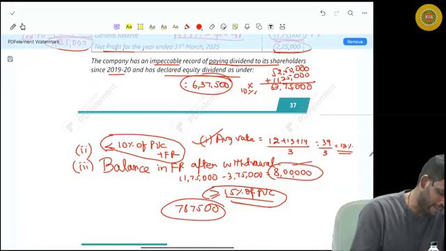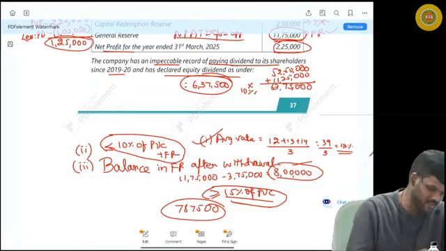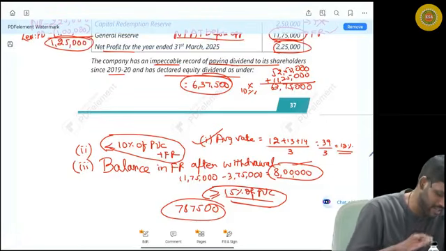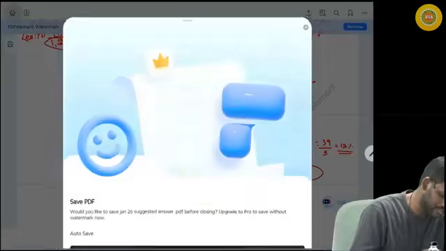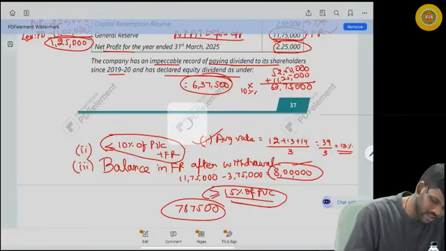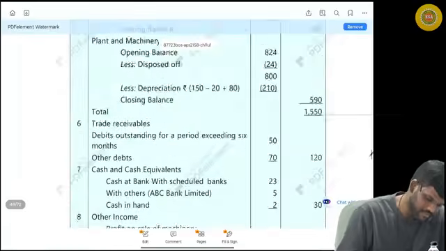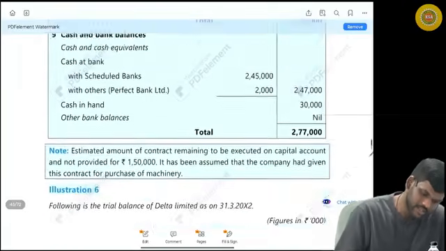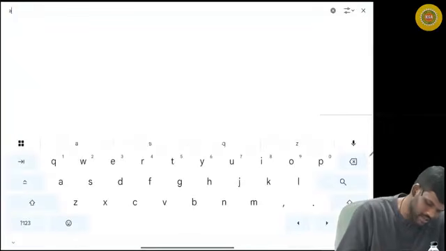Okay, before wrapping up this revision video, there is one adjustment I missed in your book. My memory is coming back, so let me just revise that one also, so that it will be easier for you. Let me go back to the textbook again. In one question there will be something called adjusted purchases.